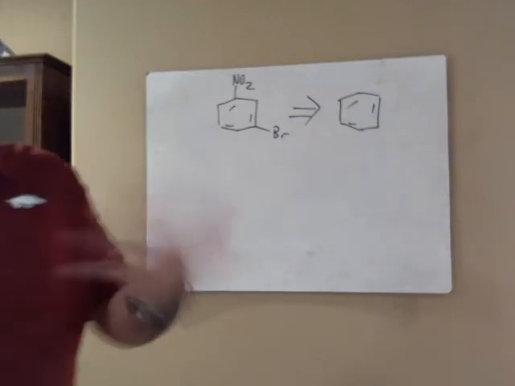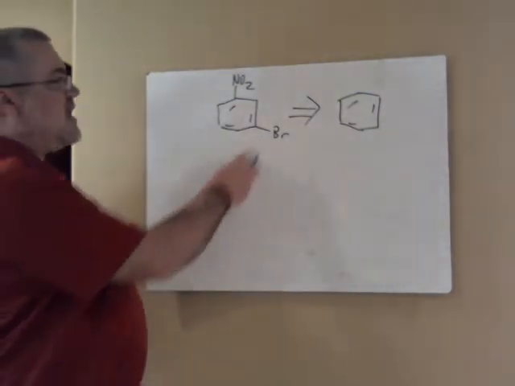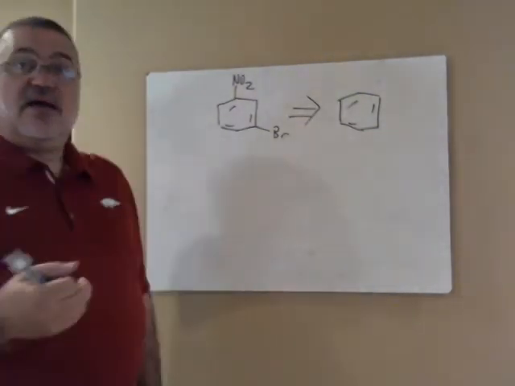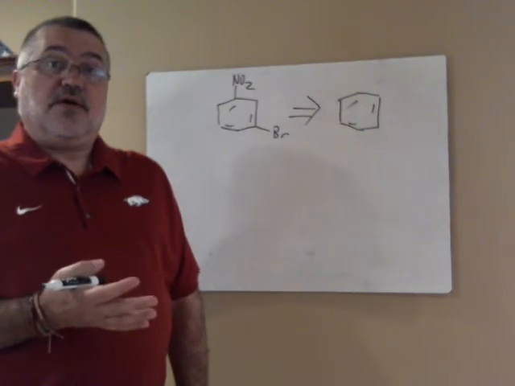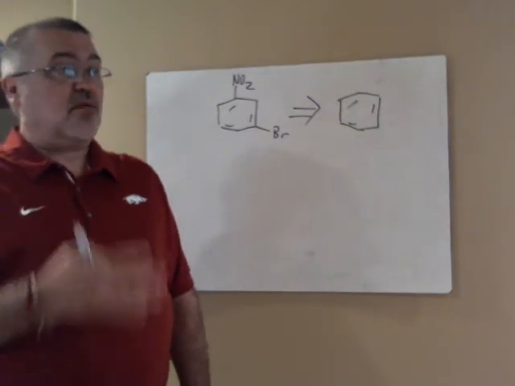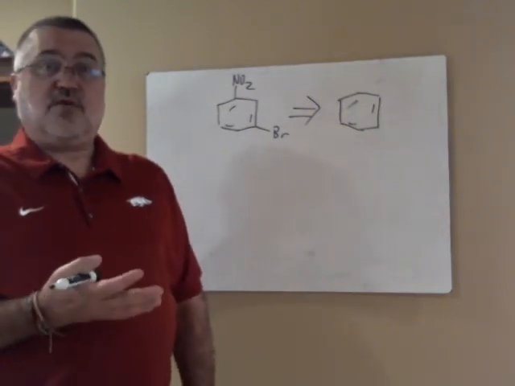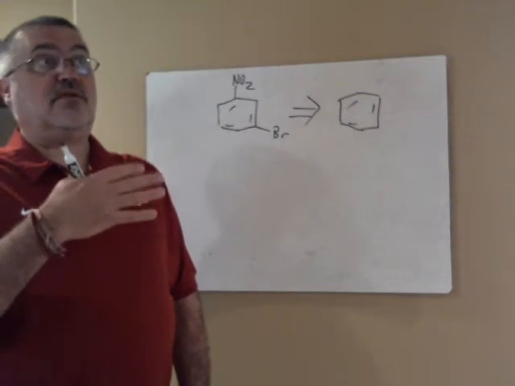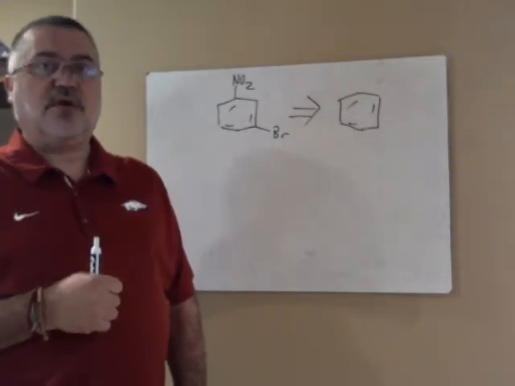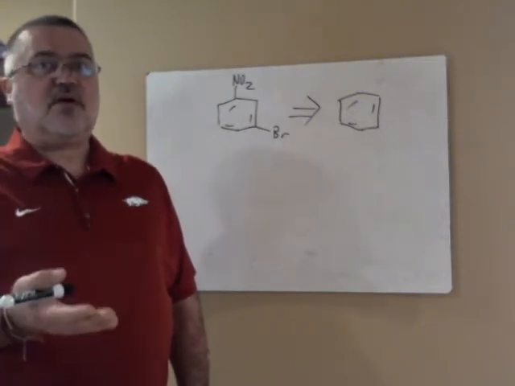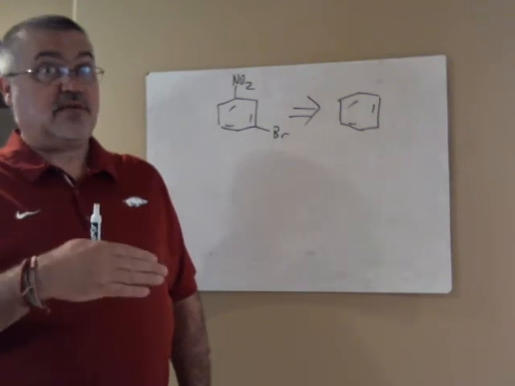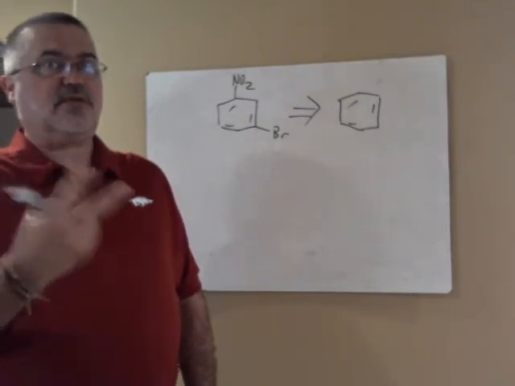Okay, and so how would we go about doing this? Well, what you have to start looking at now is the order of addition. In other words, which of those substituents would I put on first? Because whatever one goes on first then directs the substitution of the second group.